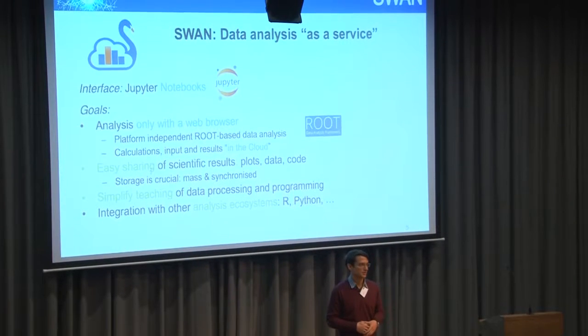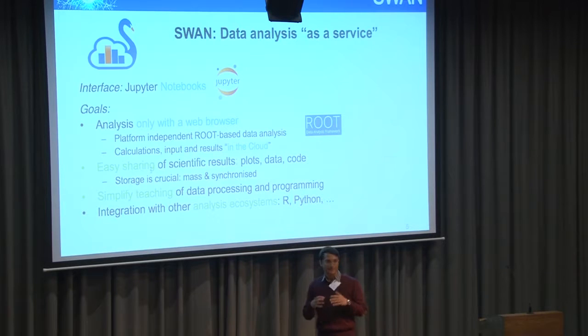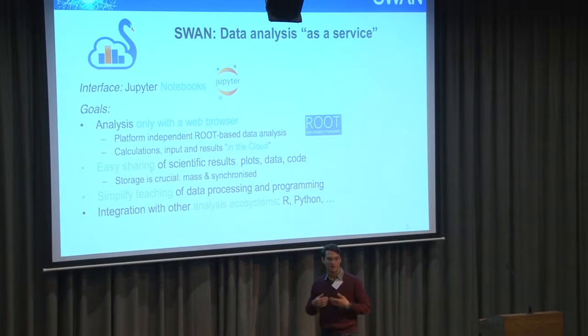In our case, although SWAN is not restricted to any particular analysis ecosystem, so you can use others, like all the Python libraries, you name it. But the idea here is that everything that you do when you have your browser, you have your notebook, you type your code, and you want to run it, this does not run in your machine, but it runs on the server. All the calculations are on the cloud side. Also, the input data and the output data are there for you to use.